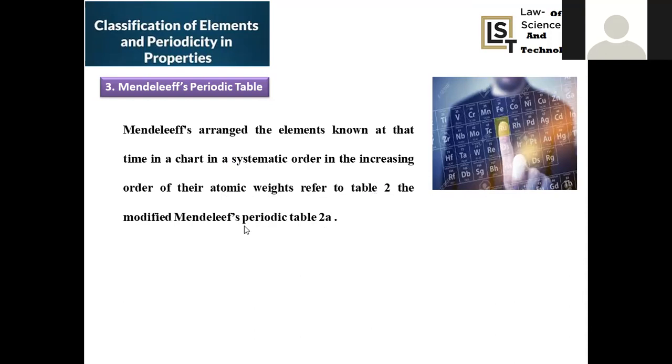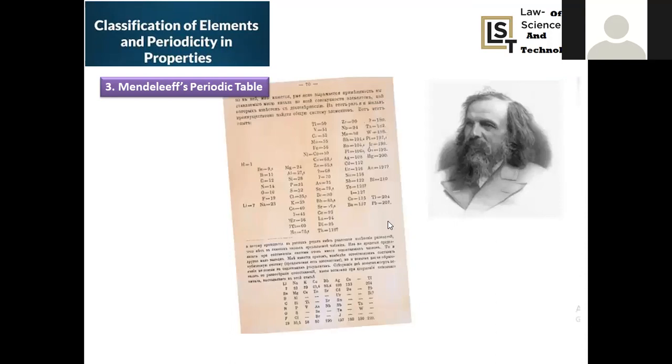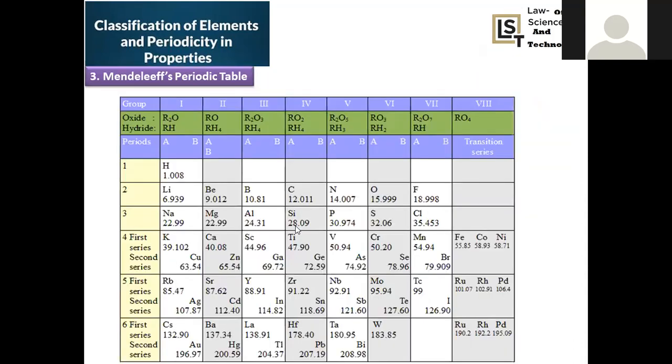Let us see what the tentative and finalized versions of Mendeleeff's periodic table are. He published his periodic table classification like this. First he assumed hydrogen, then helium, boron, carbon, nitrogen, oxygen, fluorine, sodium. This was his publication at the time when he classified all the elements in accordance with their atomic masses.